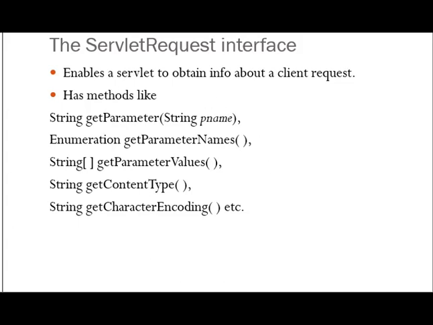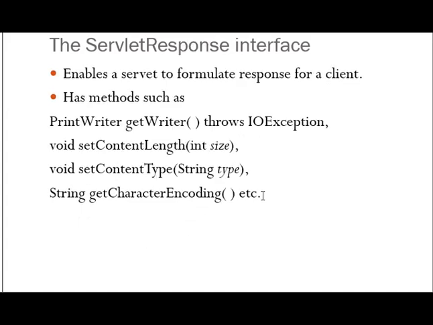Then getParameter, getParameterNames, getContentType, getCharacterEncoding, which says what the encoding of the request is. In the response, again we have certain methods: getWriter, setContentLength, setContentType, getCharacterEncoding. So these are the methods that are present in the response.